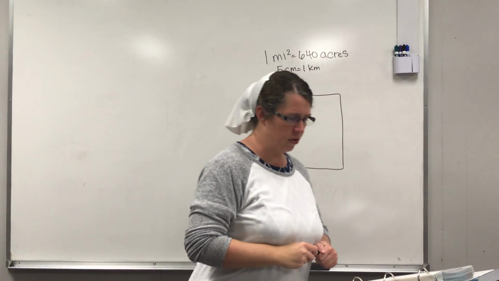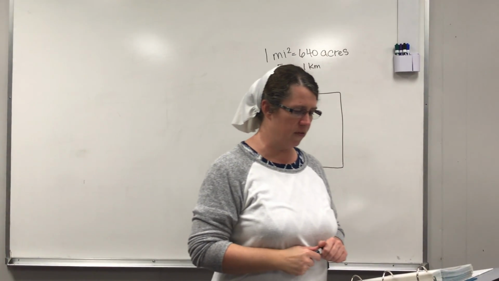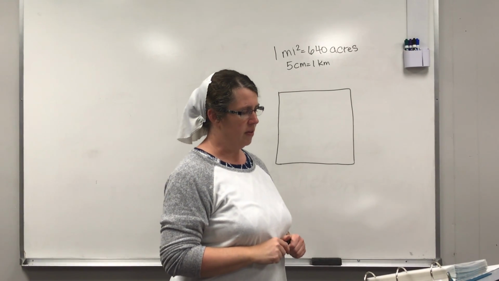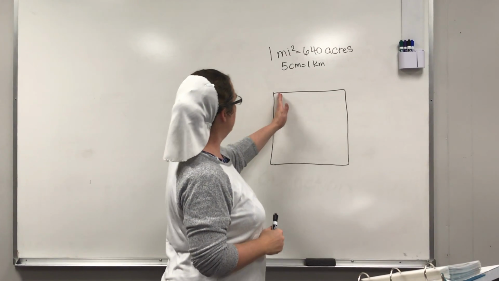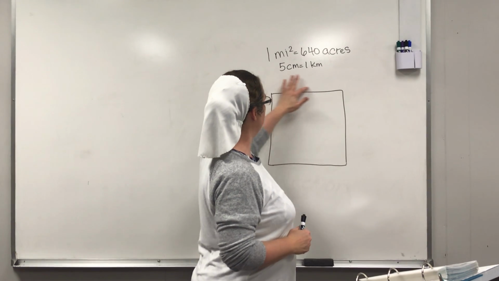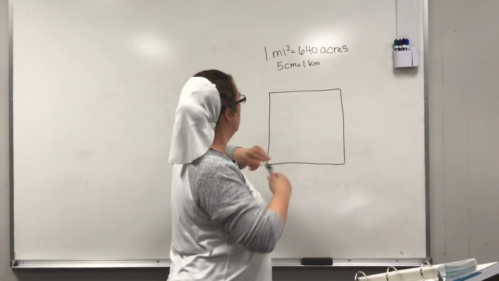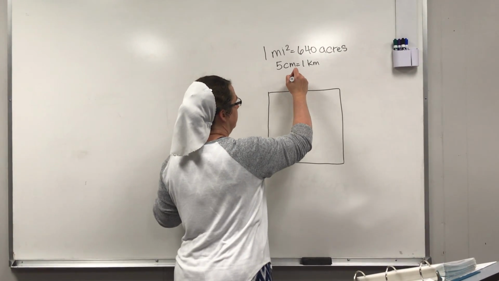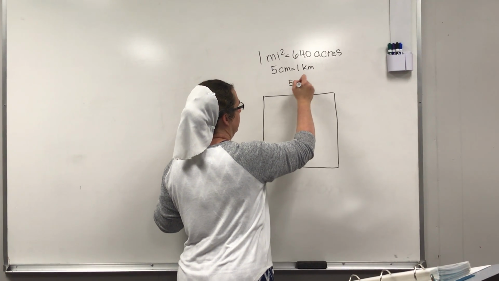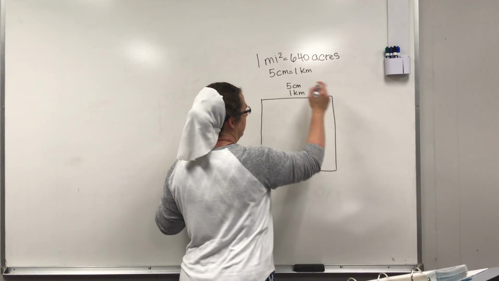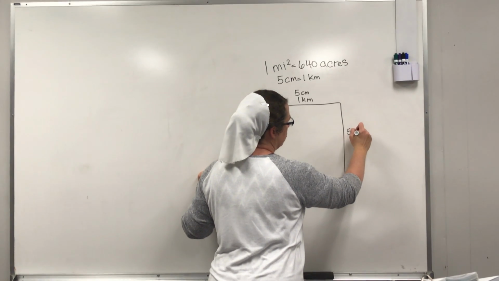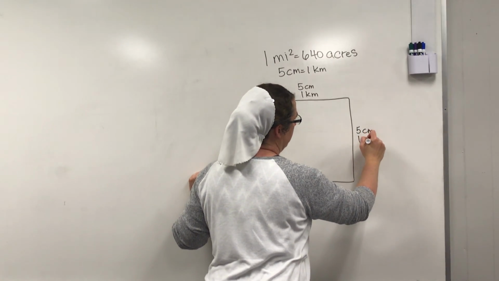Use a ruler to complete the scale drawing of the square kilometer. The scale is 5 centimeters, which is about, it's supposed to be the length of this right here, is 5 centimeters or 1 kilometer. So that means over here is also 5 centimeters or 1 kilometer.